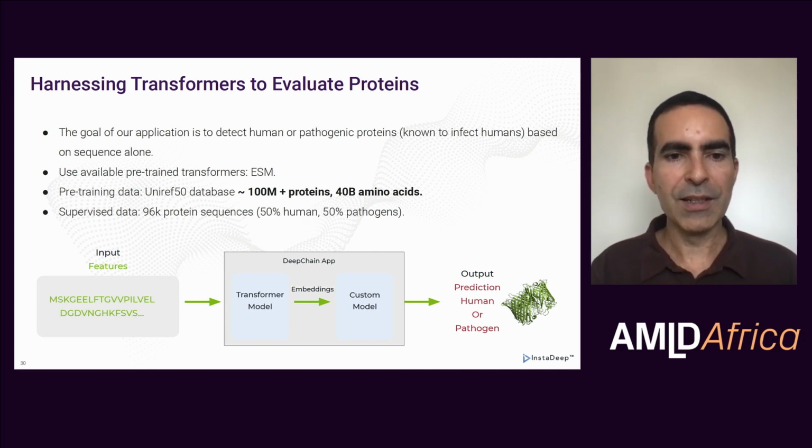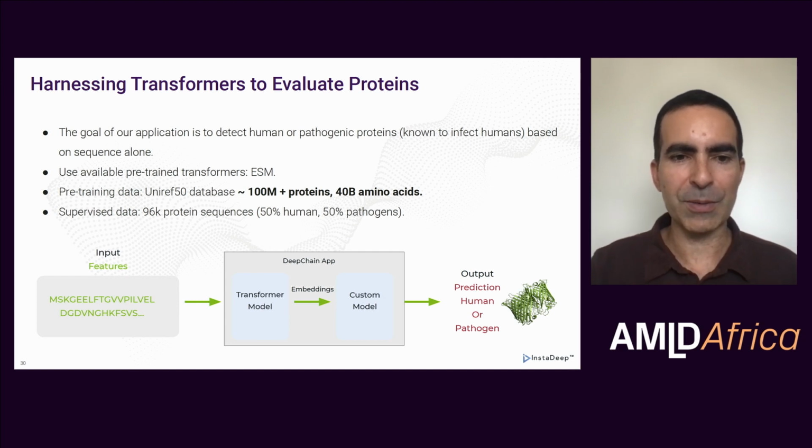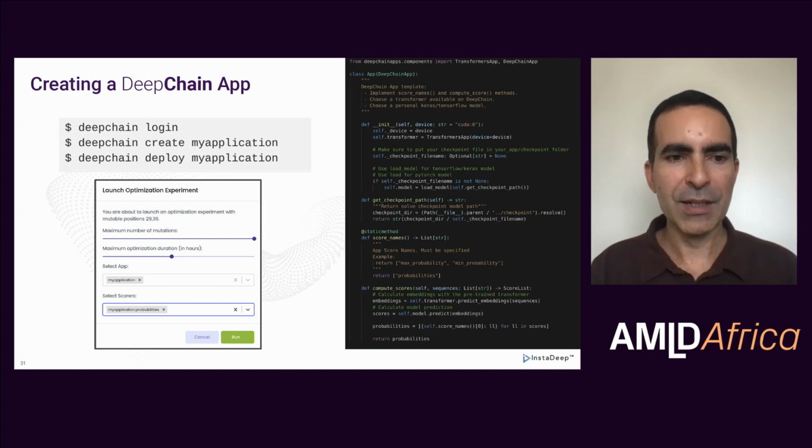Like in transfer learning for vision, you're only changing the top layers to customize to your visual AI prediction task. That's the same notion. And in DeepChain, we can do this extremely quickly.